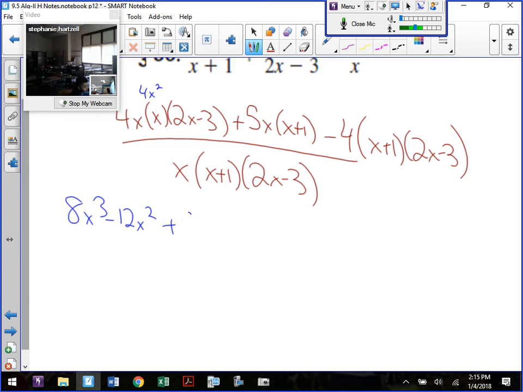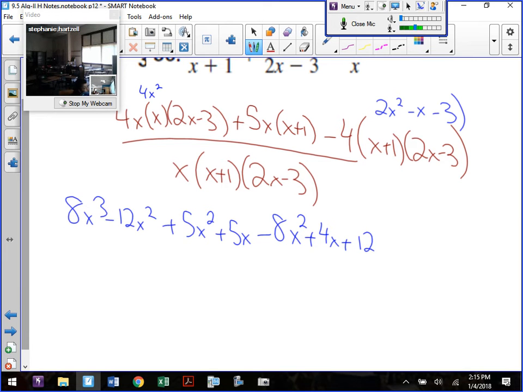The next one is going to be plus 5x squared plus a 5x. This part is 2x squared minus 3x plus 2x is just a minus x, and that's a minus 3. So I'm going to get minus 8x squared plus 4x plus 12.